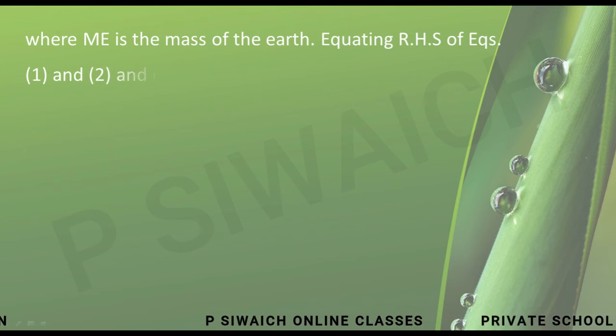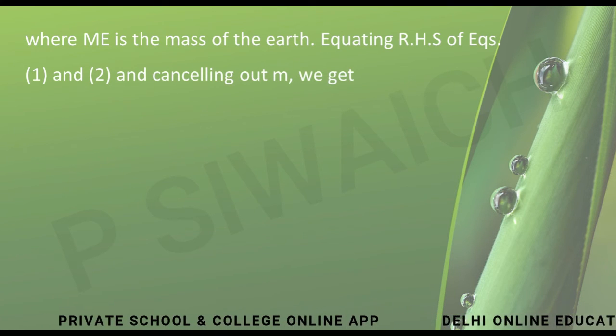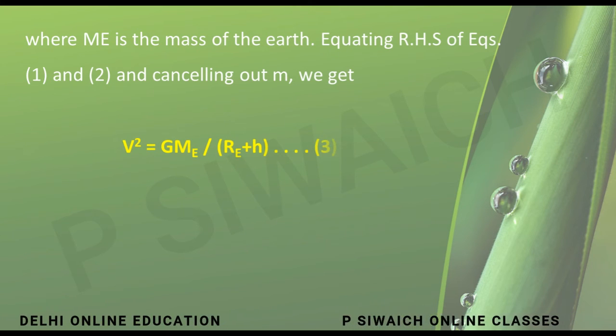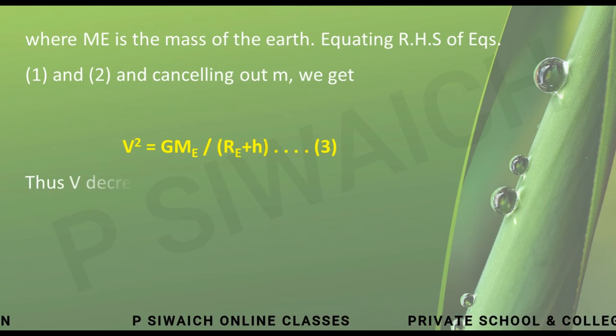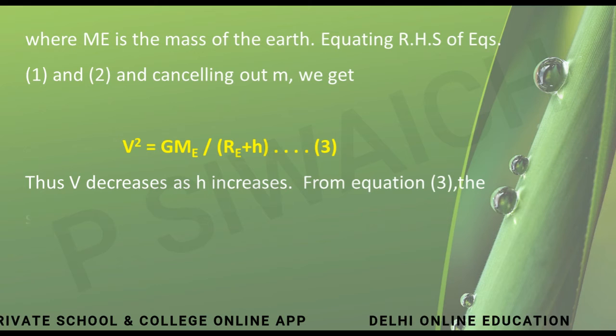Equating RHS of equation 1 and 2, and cancelling out m, we get v square equals G Me over (Re plus h), equation number 3. Thus, v decreases as h increases.